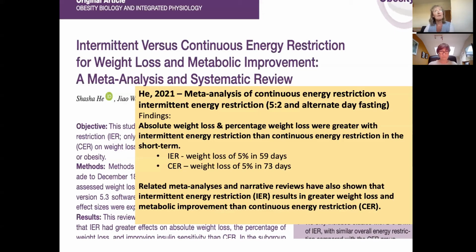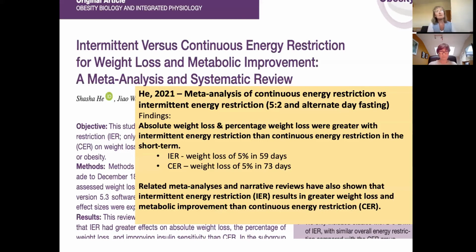What they found was that using intermittent energy restriction, a 5% loss in body mass was achieved in 59 days, whereas with the traditional calorie restriction diets, it took 73 days to have the same impact. So you can see a clear benefit of the intermittent approach as opposed to continuous calorie restriction.